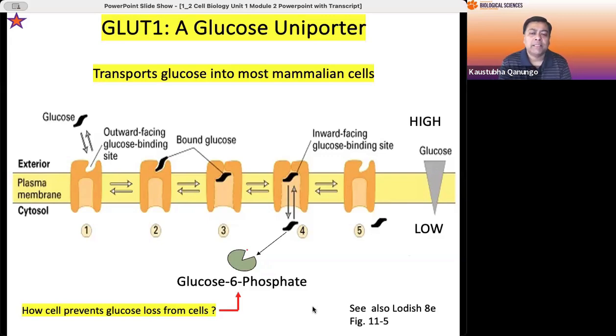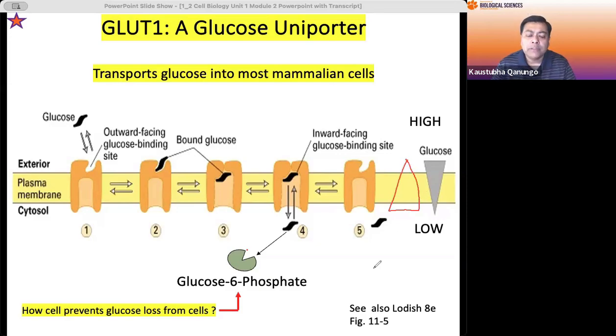So glucose comes from the high concentration outside to the low concentration. But think about this: when you have a higher blood glucose level after a meal, if the glucose is constantly moving into the cell, gradually the glucose concentration will increase inside the cell. And eventually the blood glucose level, a couple of hours after your meal, will decrease. So in that condition, this concentration will become this.